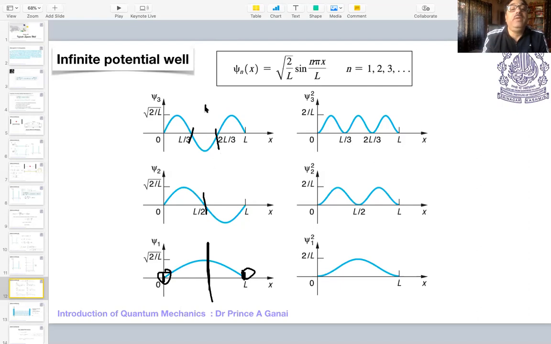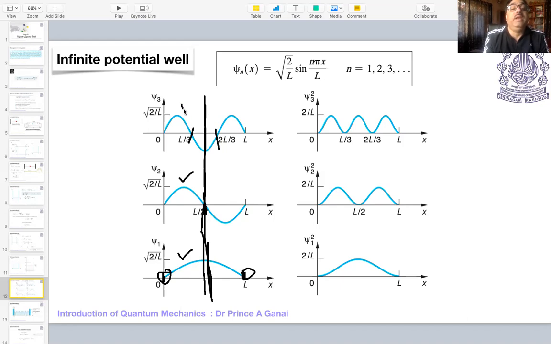And you can see that with respect to the center of the potential, the wave function looks symmetric or anti-symmetric. The ground state is symmetric with respect to the center, but the first excited state is anti-symmetric. So even and odd functions are obtained with respect to the center.